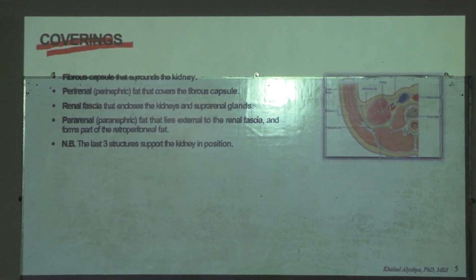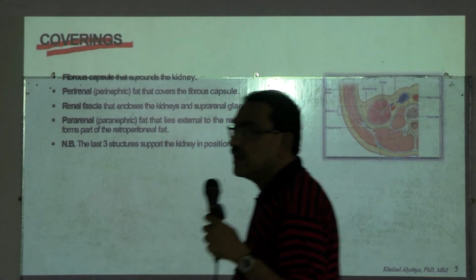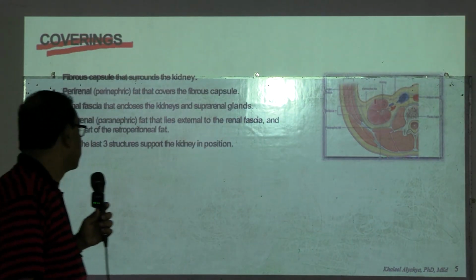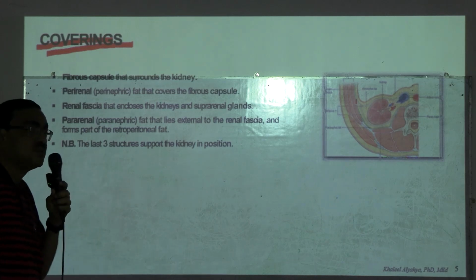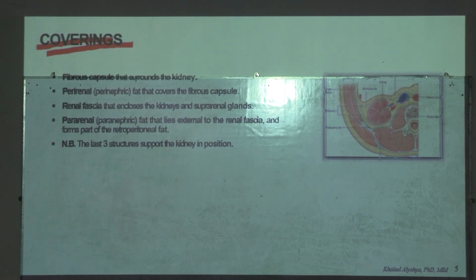Then just outside you can see one yellow layer, another fatty layer, which is called paranephric fat.